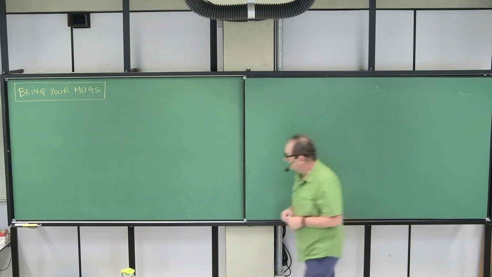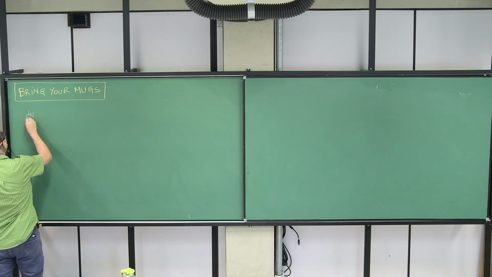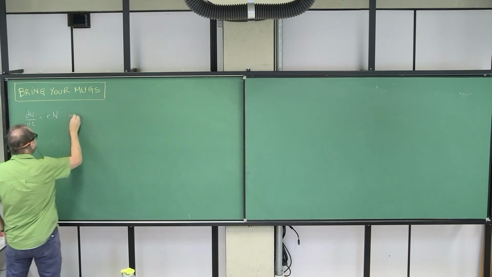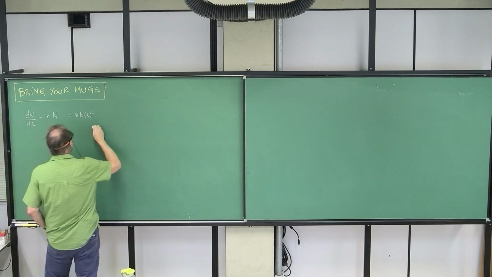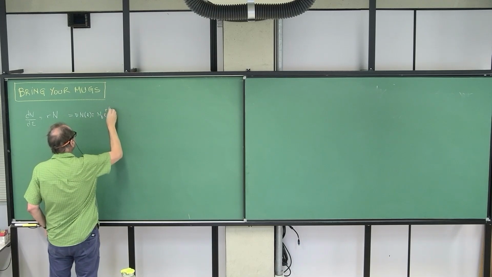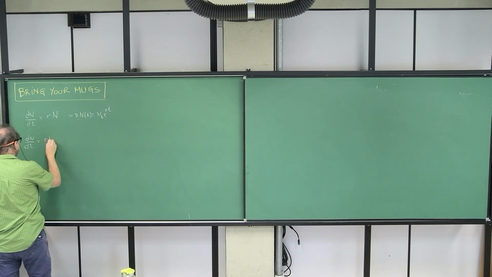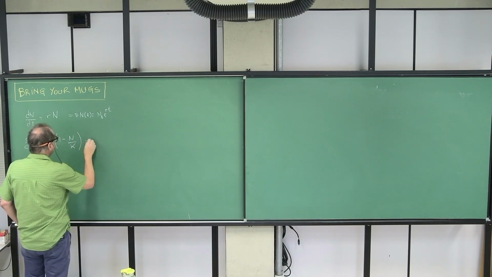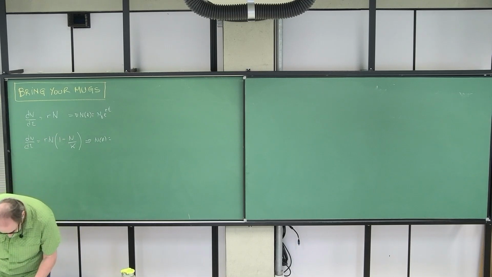So let's summarize our two models. One model is Malthusian growth. And the other model is the logistic model. And the solution of the logistic model, I should take it from somewhere here.